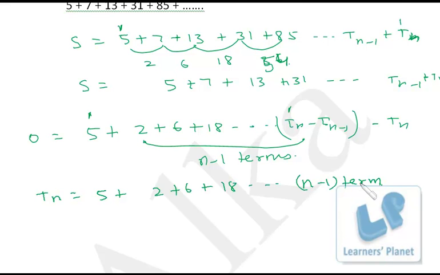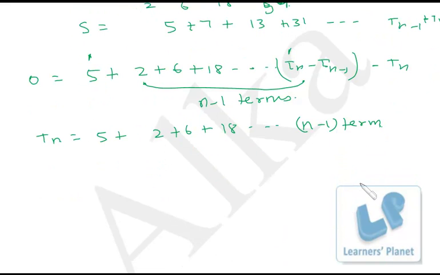Now what will be the sum of this geometric progression? I just write a, that is 2, r raised to n, since there are n minus 1 terms I write n minus 1, and here r is 6 by 2, that is 3.